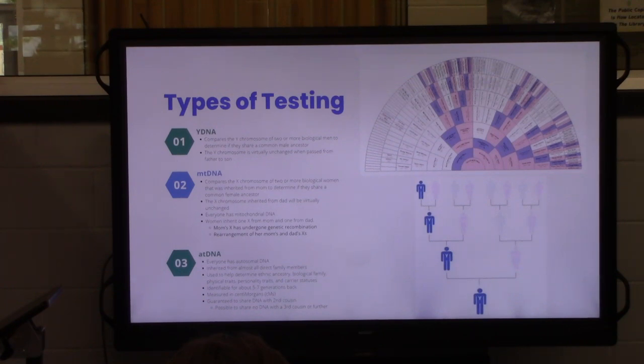So if you're looking to find who your father is, it doesn't determine paternity. That's going to be a different kind of test, right? What this determines is if you and this other male person have the same Y chromosome, the same male ancestor that carried that Y chromosome and then passed it down the line to you. So that's how that works.